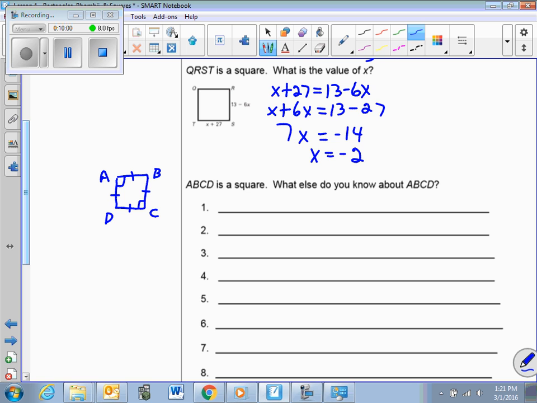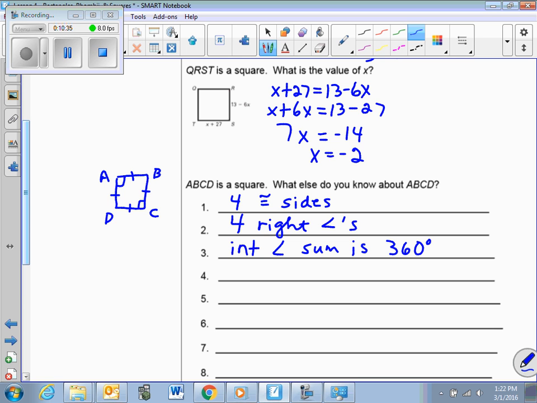We know that it's got 4 congruent sides, right? Because the square is a rhombus. What do we know about it because it's a rectangle? We know that all the angles are right angles, 4 right angles. And how about this? Just because it's a quadrilateral, we know that the interior angle sum is 360 degrees.